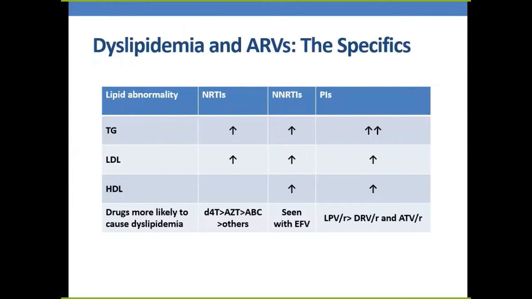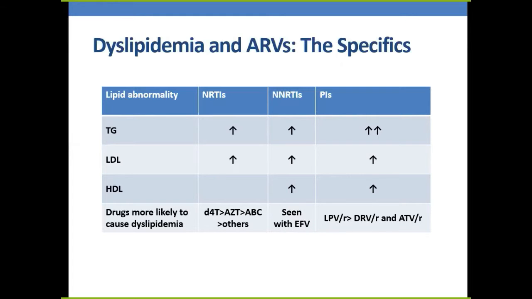So just to summarize the side effect of dyslipidemia with antiretrovirals, this can be really complicated, but in general, there are a lot of side effects of the older NRTIs, which can increase both triglycerides and LDL. This is much more commonly seen with D4T and AZT, which we don't commonly use, and much less commonly seen with drugs like tenofovir that we use now.